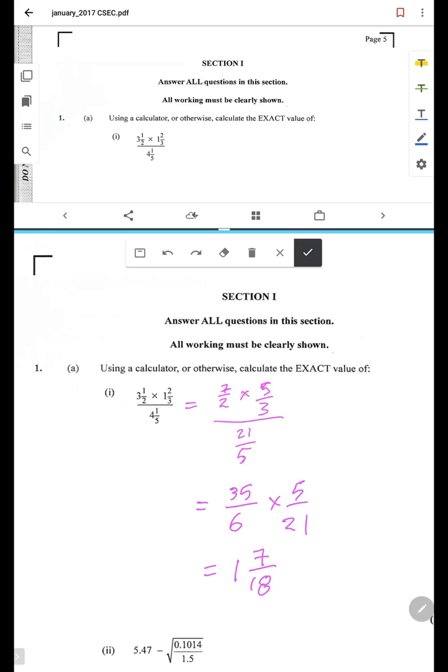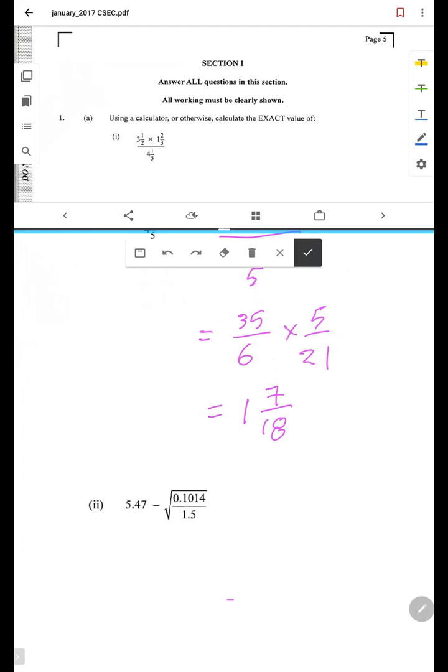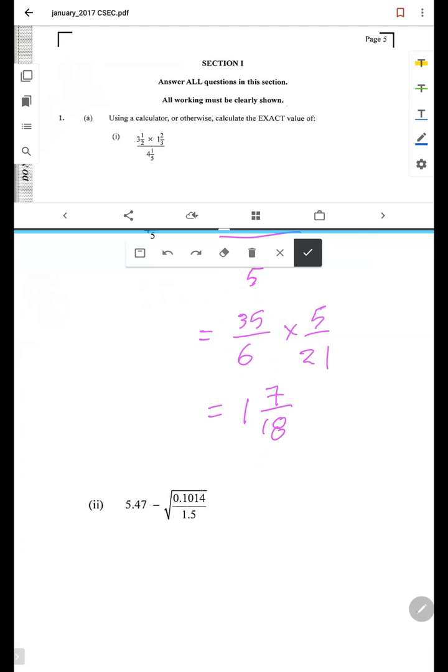And we'll move up to this part, which basically, again, is just use a calculator to work this out. We have to do this part first before we subtract. All right, and so first it will become 5.47 minus, and we'll do this calculation.